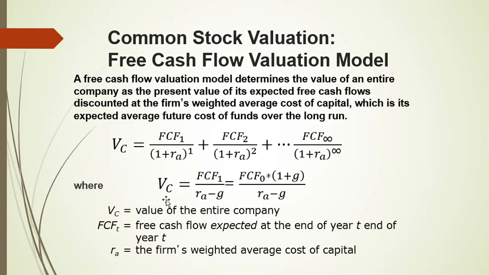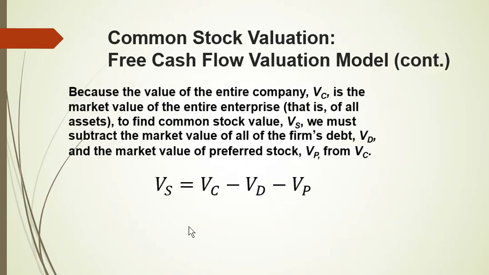And of course, we don't want to know the value of the entire company. We just want to know the value of the ownership of the company. So we can extend this then to a formula. The value of the stock is the value of the company, subtracting from it the other forms of financing. If the company has long-term debt, you subtract the value of that. If they have preferred stock, you subtract the value of that.